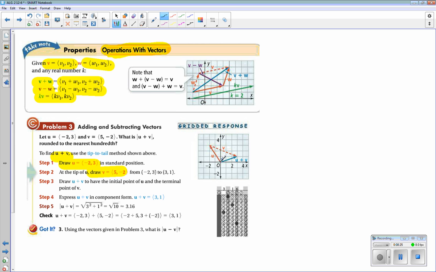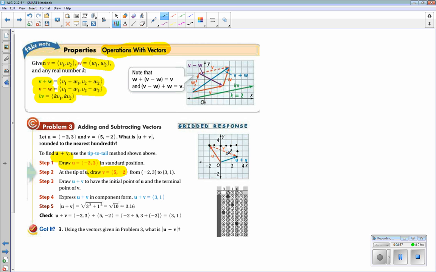So if you look at that, here is u. It goes negative 2, 3. And then at the tip of u, you draw 5, negative 2. So you go to the right 5 and down 2: 1, 2, 3, 4, 5, down 2.